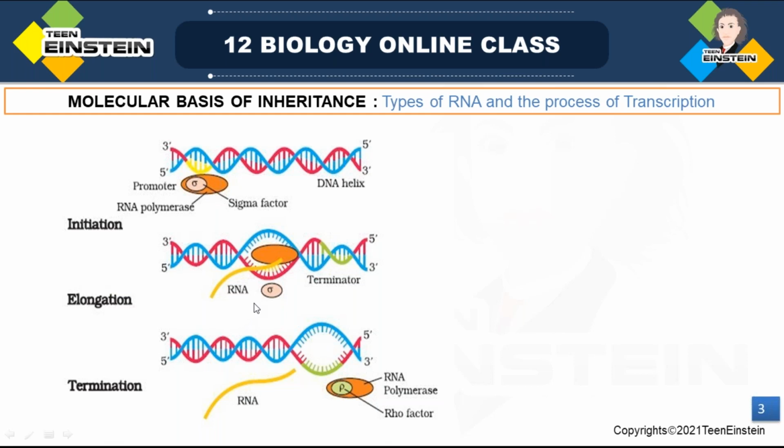While continuing to the next step, elongation, the enzyme somehow facilitates opening that helix. Here you can see the helical structure is getting opened. The double helical structure is opening, right?